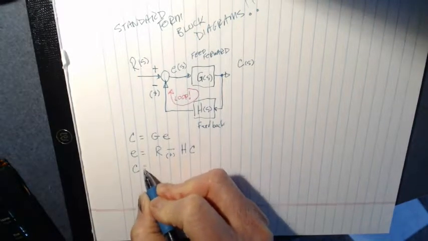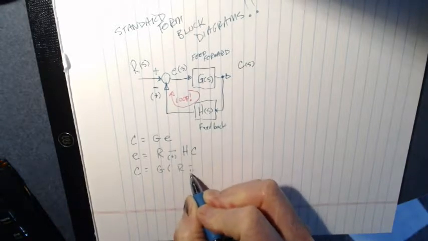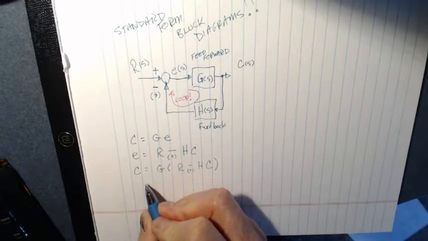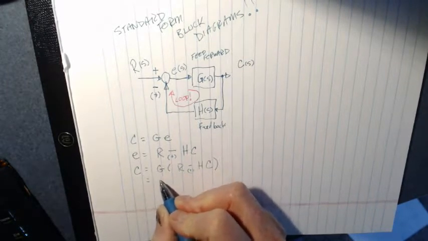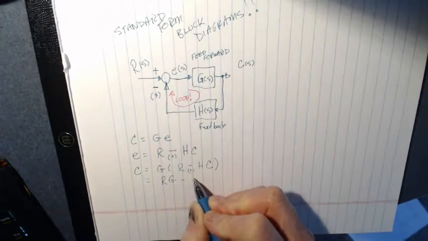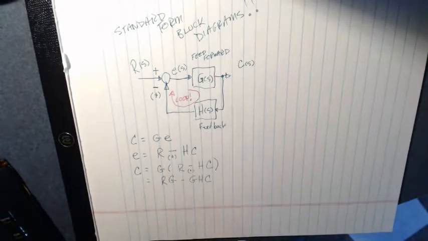C is equal to G times (R minus H C) in parentheses. We're going to do a little algebraic manipulation here. This is G R minus G H C.